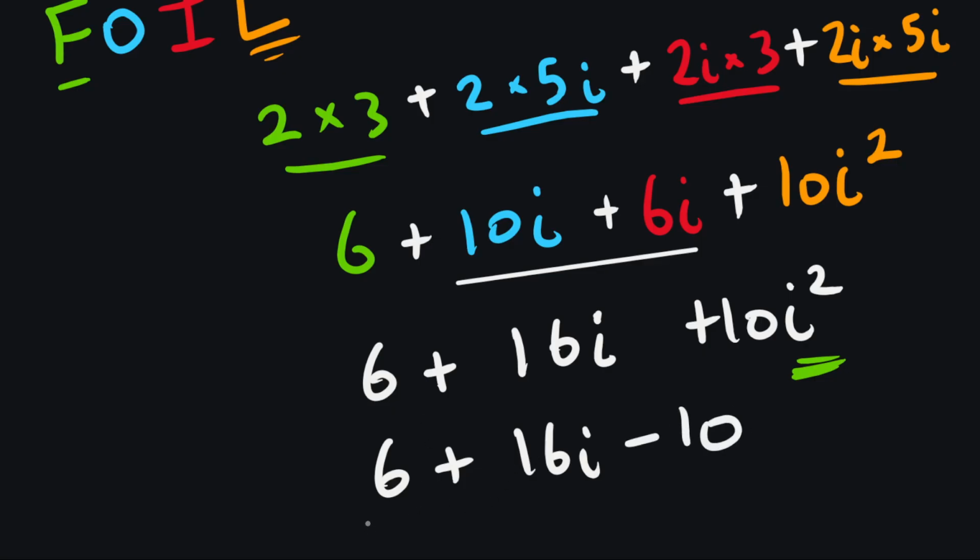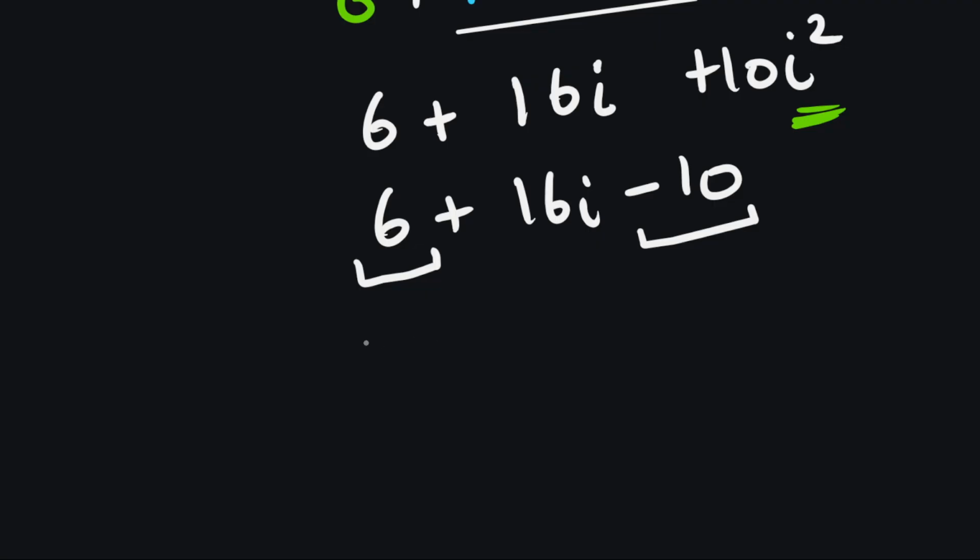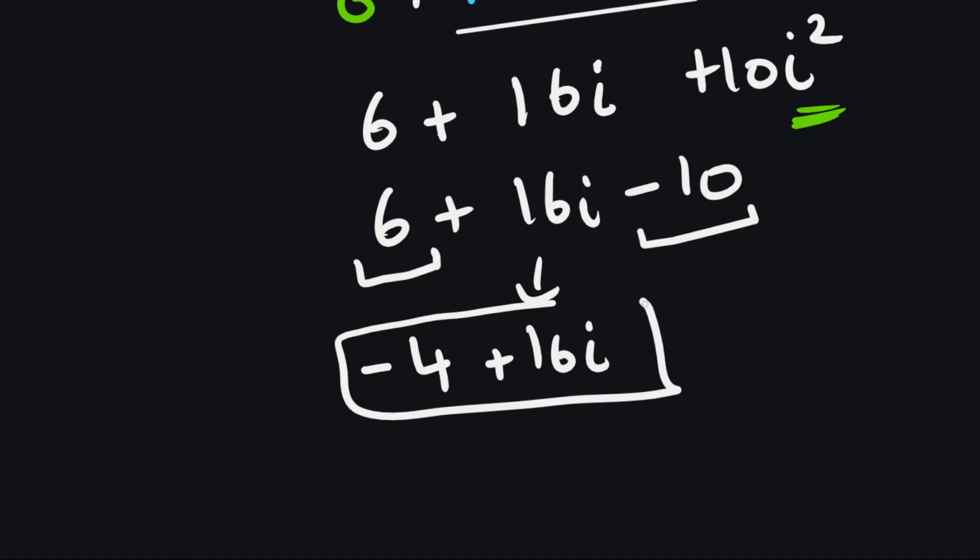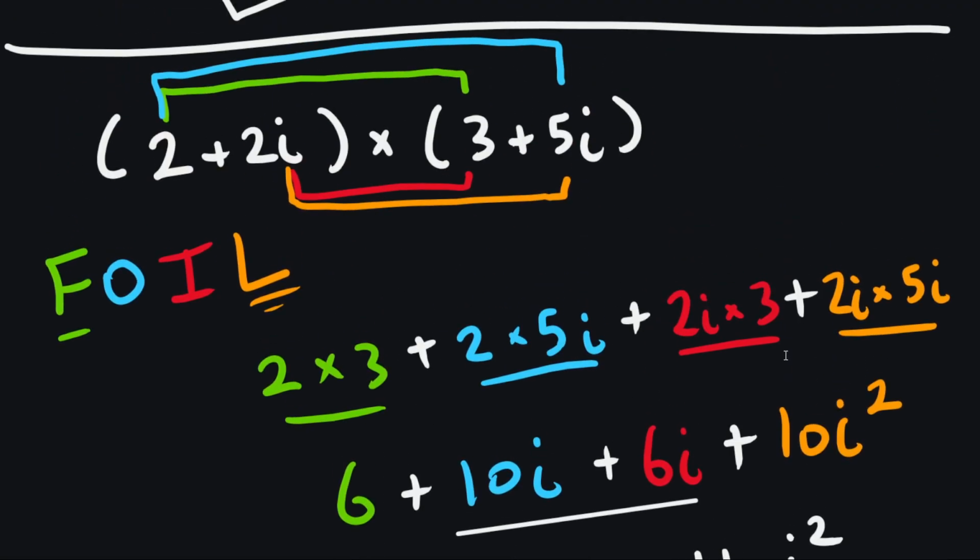And right here we have two real numbers again, 6 and negative 10. What's 6 minus 10? That's negative 4. So negative 4, and then we'll bring down the plus 16i. Excellent. So negative 4 plus 16i is the final answer to multiplying these two complex numbers, 2 plus 2i times 3 plus 5i.